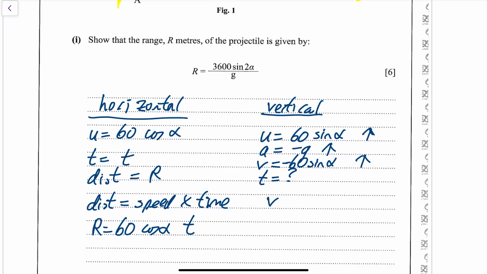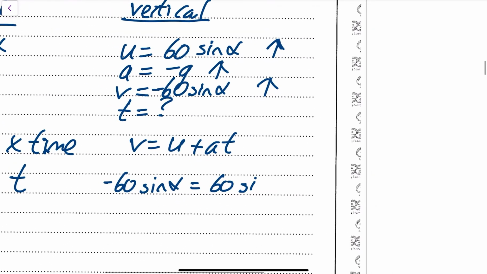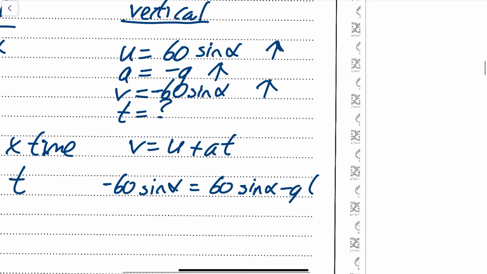Okay, so we're going to just say v is equal to u plus at, and here we'll say minus 60 sine alpha is equal to 60 sine alpha, and then that's going to be minus g times t.